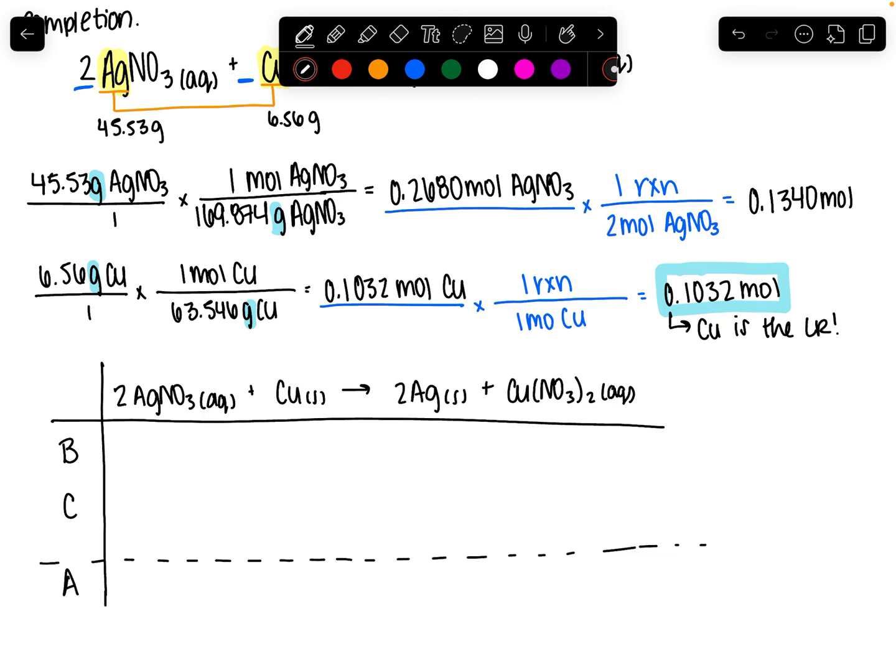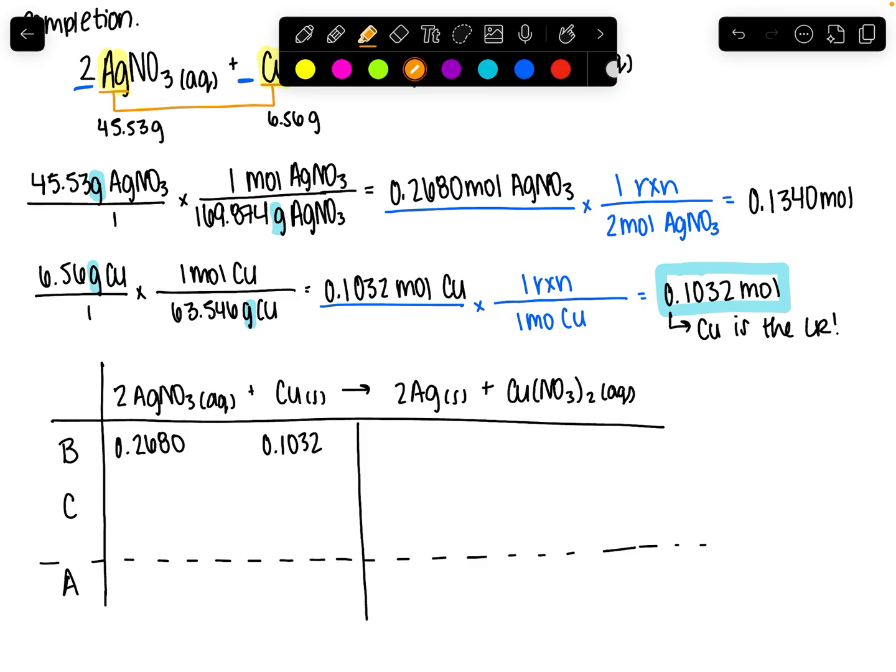So let's think about our system before the reaction has actually occurred. Before the reaction has occurred, we already calculated how many moles of each species we have. We know that we have 0.2680 moles of our silver nitrate, and we have 0.1032 moles of copper.